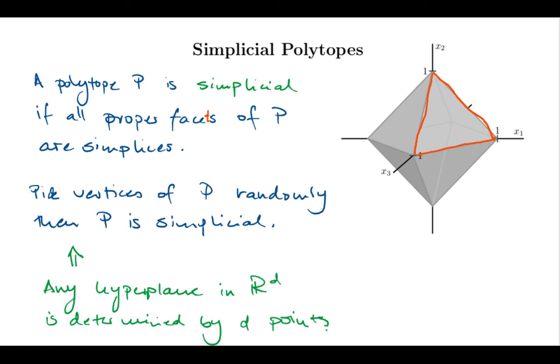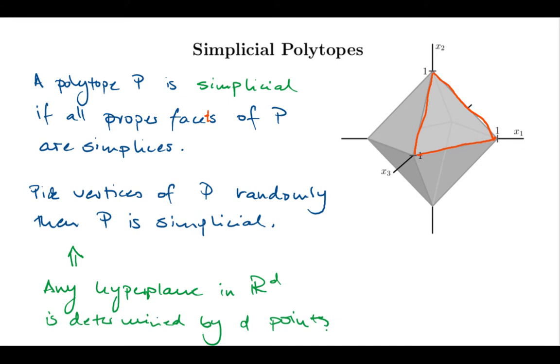So for example, a line, which is a hyperplane in R2, is determined by 2 points, unless the 2 points coincide. And a plane in R3 is determined by 3 points. Again, I have to choose them smartly. The 3 points should not be collinear, but if they're not, then those 3 points will determine a plane.